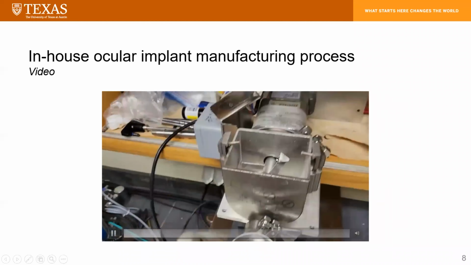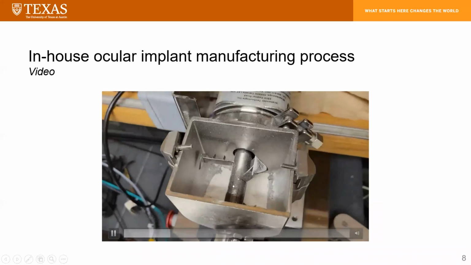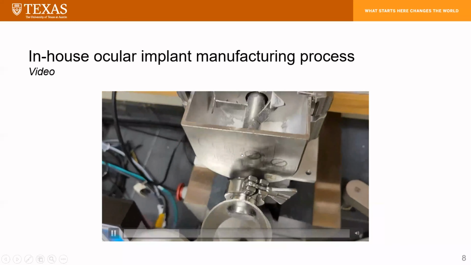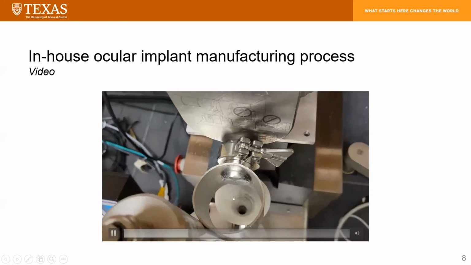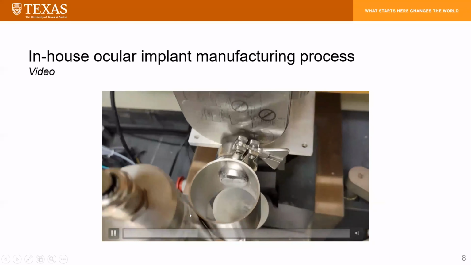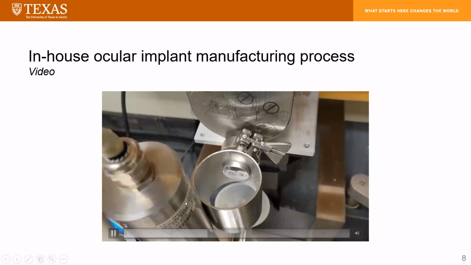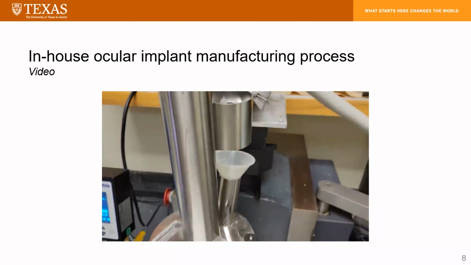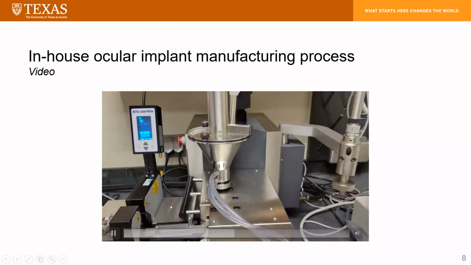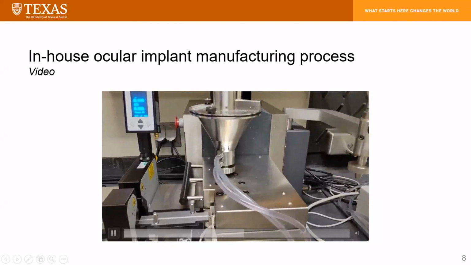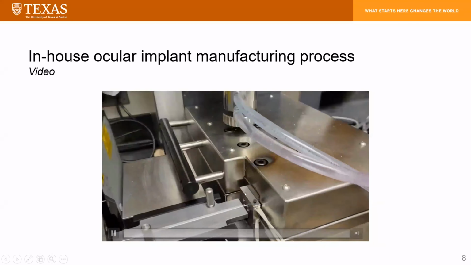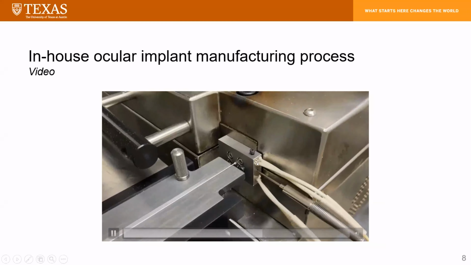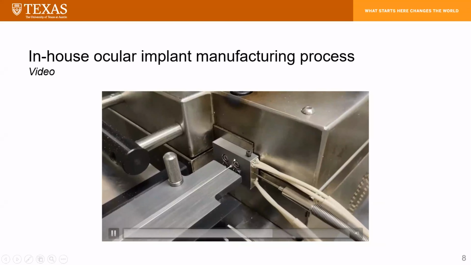So two-step feeding. We use a volumetric feeder, feeding into the stuffer feeder that comes with the HAAKE MiniLab, which then goes through the die right here, with die temperature control.